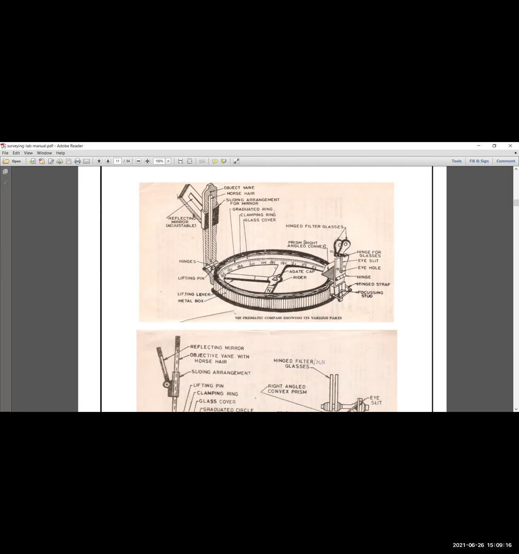This is the eye slit. This is the eye hole. This hinge is also provided for these eyeglasses. Here another hinge strap is provided. Here also a focusing stud is placed in this direction.